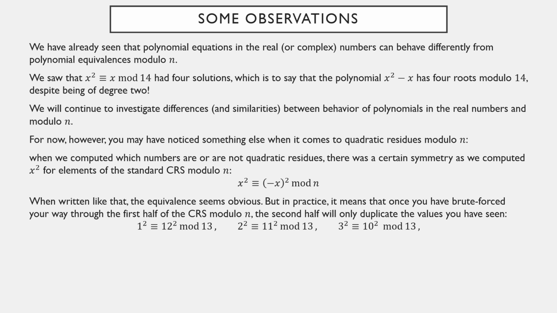Negative 2 is the same thing as positive 11, and negative 3 is equivalent to positive 10. So since x squared is the same as negative x squared, we get this symmetry. 1 squared matches up to 12 squared, 2 squared to 11 squared, 3 squared to 10 squared, and so forth. 4 squared to 9 squared, 5 squared to 8 squared, etc. So whatever quadratic residues are built up by going up the first half of the standard complete residue system will then be mirrored as you count down the top half.